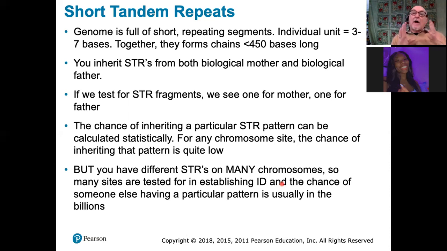And there are numerous short tandem repeat sites at different places in the genome, each with their own unique repeated sequence, each with their own unique flanking areas that we can design primers for. It's a very, very useful technique.